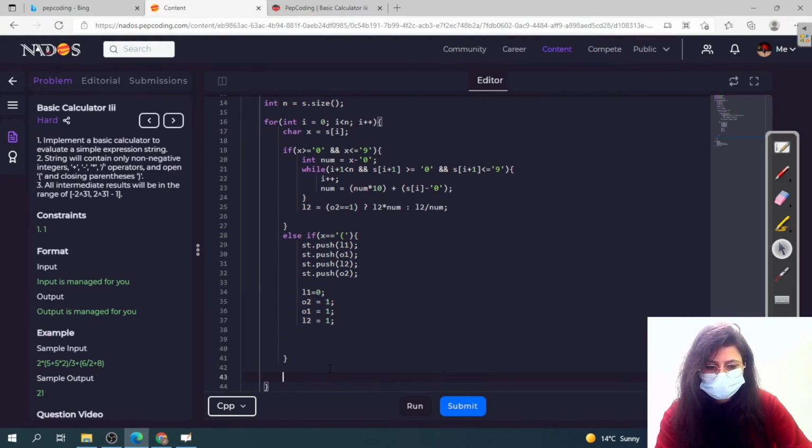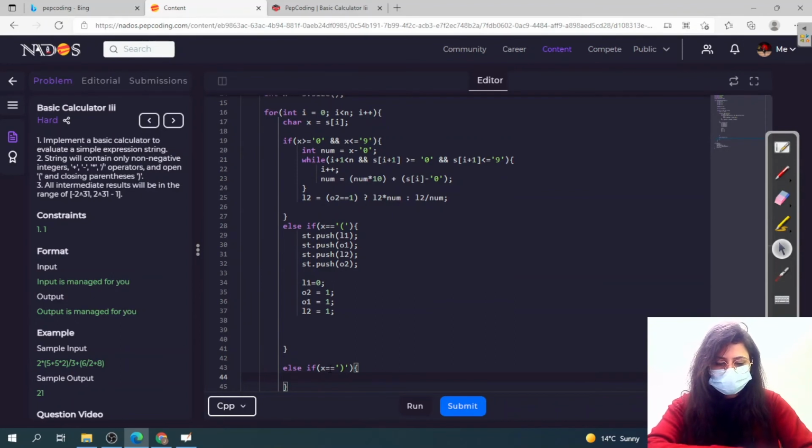Certainly, next, else if x is equal to the closing bracket, then what we will do? We'll make a temp variable which will be equal to L1 plus O1 into L2.